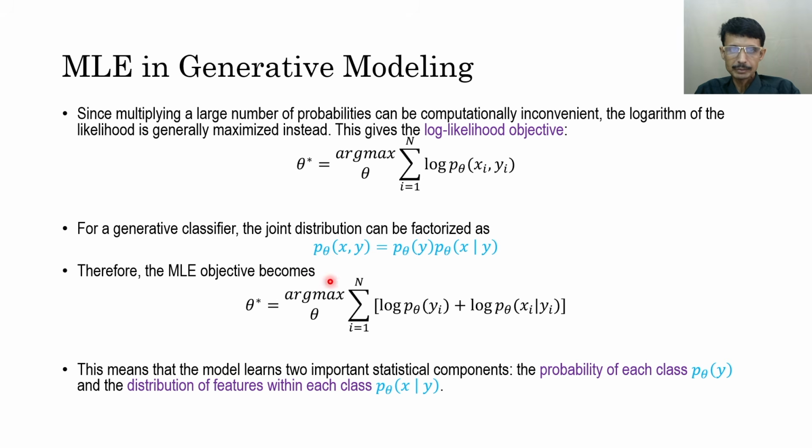So the MLE objective becomes theta star equals argmax theta, sum from 1 to n, of log p theta y_i plus log p theta x_i given y_i. This means that the model learns two important statistical components: the probability of each class, p theta y, and the distribution of the feature within each class, p theta x given y.